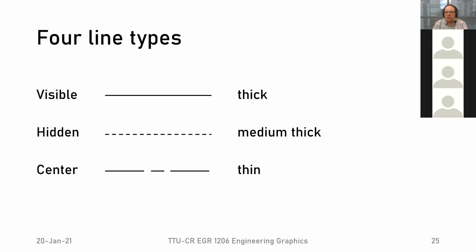You can push down a little harder, whereas with the other ones you're a little thinner. But again, I'm not gonna ding you for that on a homework or anything like that. But you should know that the visible ones are the thickest, and then the hidden lines and the center lines get thinner and less prominent as we go along.